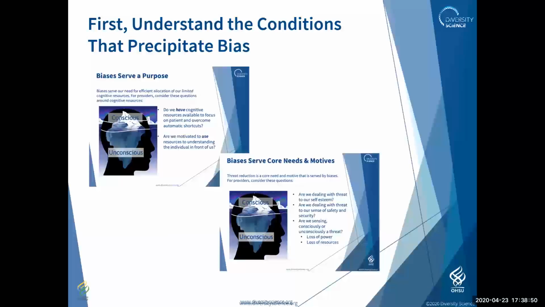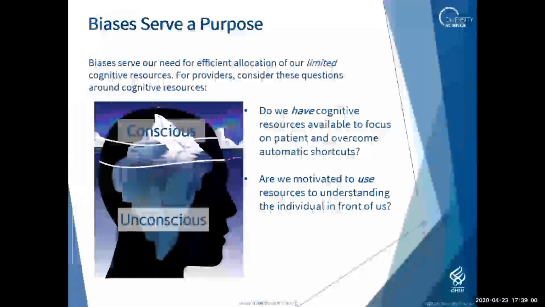So the first thing that's really important is understanding the conditions that precipitate bias. Biases aren't neutral in a way; they serve a purpose. So going back to this unconscious thinking system, and cognitive psychologists, just bear with me, I know unconscious isn't exactly right, but it's often referred to that way.